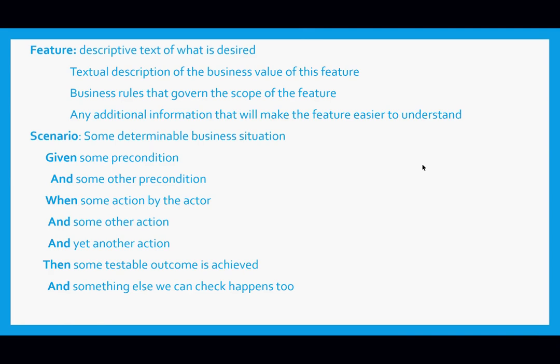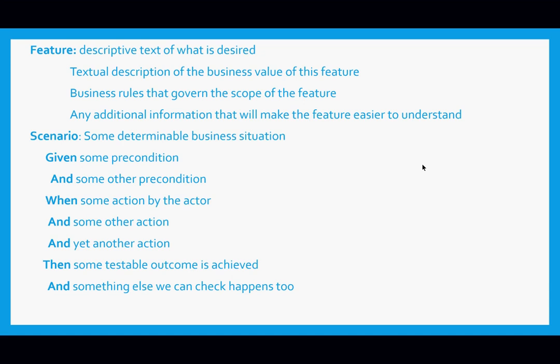You also want to write the business rules that govern the scope of the feature, or additional information that could be useful to you, maybe sometime in future when you want to read that test or see what that test is actually doing, or even for the rest of the team that are looking into that test. It helps them to see what that test is doing.